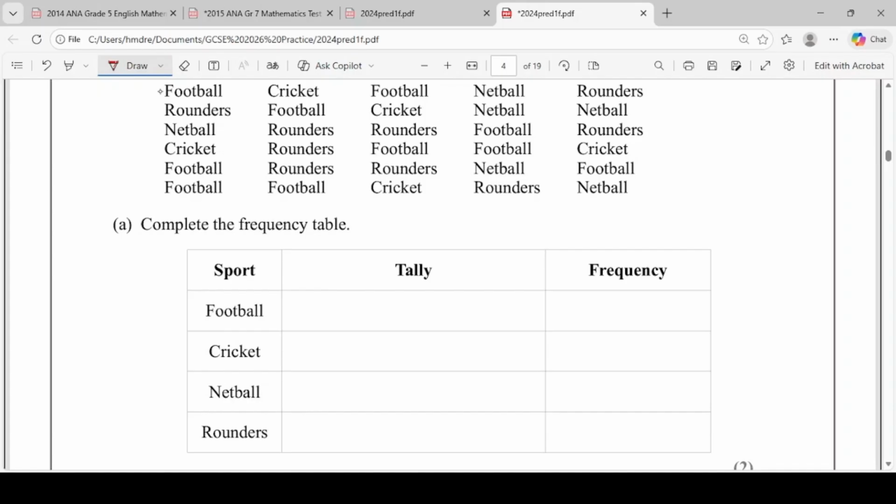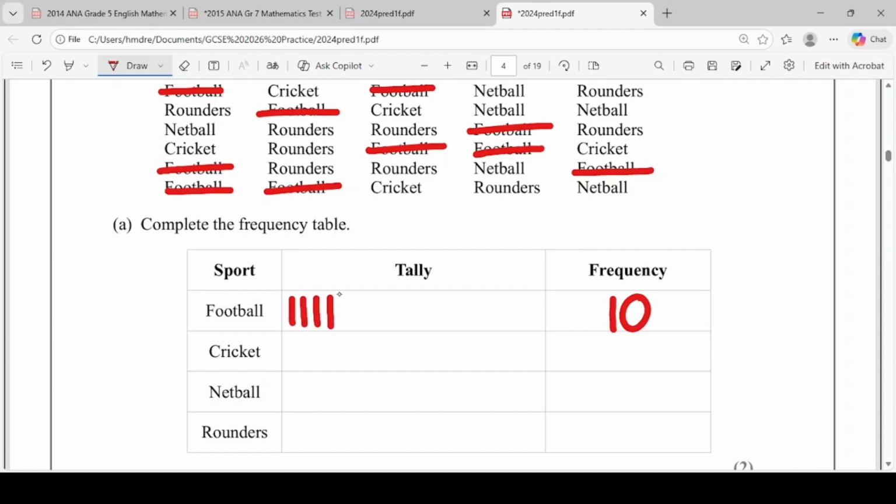So football, 1, 2, 3, 4, 5, 6, 7, 8, 9, 10. 10 footballers. So you put the 10 in the frequency, and in the tally you're going to put 10 tally marks.